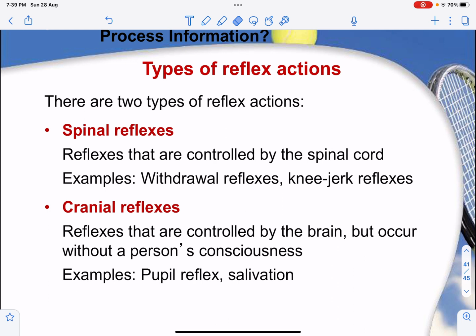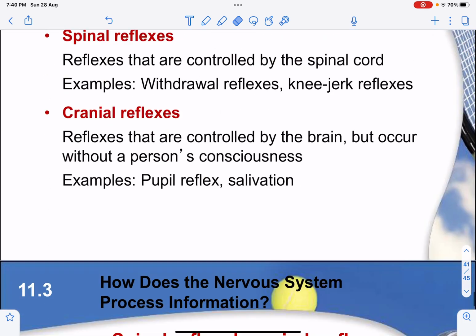The other one is a cranial reflex, which are responses to stimuli that take place in your upper body. These reflexes are usually controlled by the brain, but occur without a person's consciousness. For example, the pupil reflex, the opening and closing of the pupil, which we will go through in the next chapter, or salivation, where your body will secrete saliva.